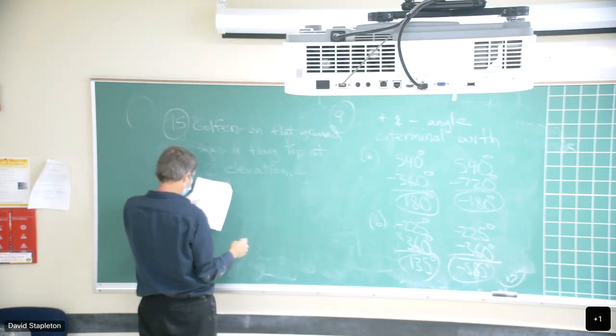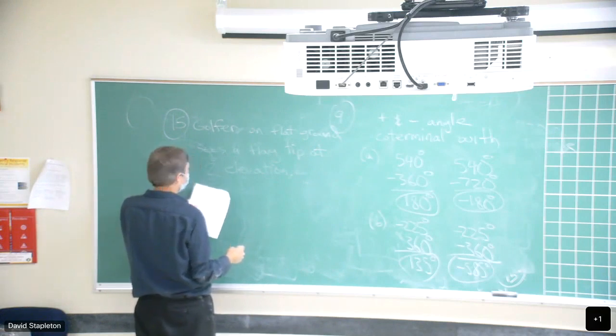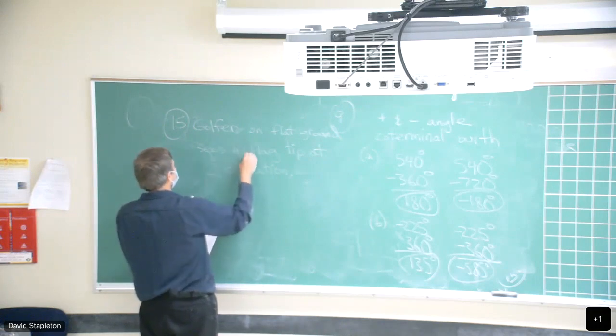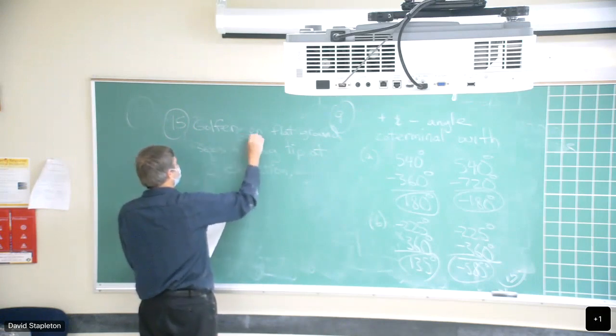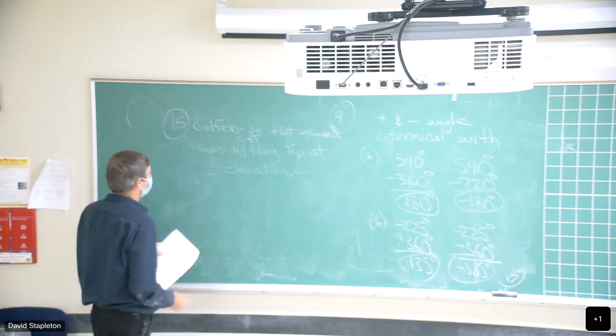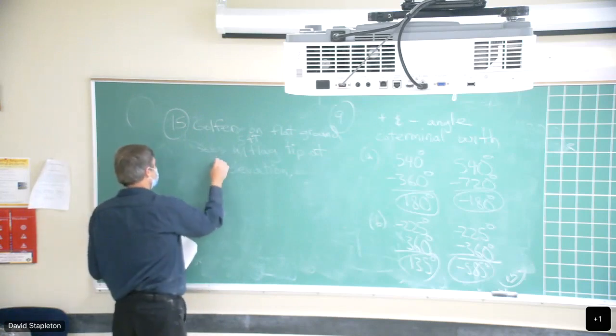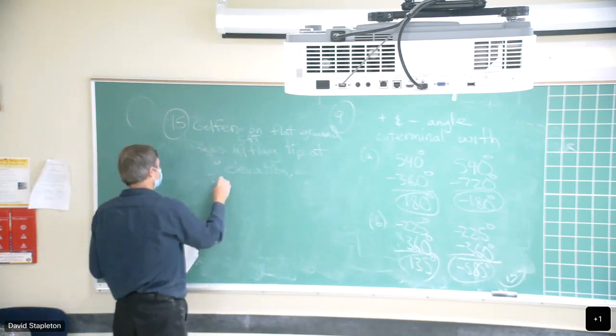Find the distance the golfer is from the flag if the flag is 5 feet tall. So he sees a 5-foot flag, tip at 2 degrees elevation. Find the distance to the hole.